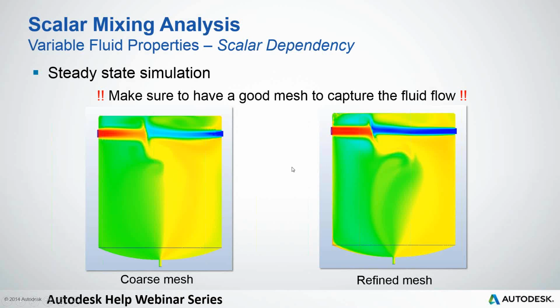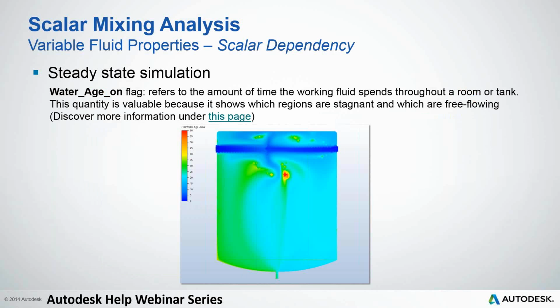I forgot to mention the scalar variable. There is a flag that we use in the scalar mixing analysis called water age on. It gives you an idea of the regions where you have fluid stagnation, and which regions are free flowing.